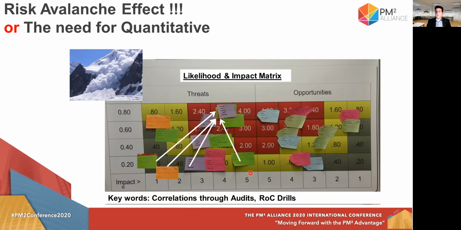Like the avalanche, where small pieces of snow are moving together and they are connected at some point of time, creating a total chaos. So be careful also of the avalanche effect on your risks, and try to identify correlations of risks through audits or rehearsals of concept drills, as the Army is calling them.